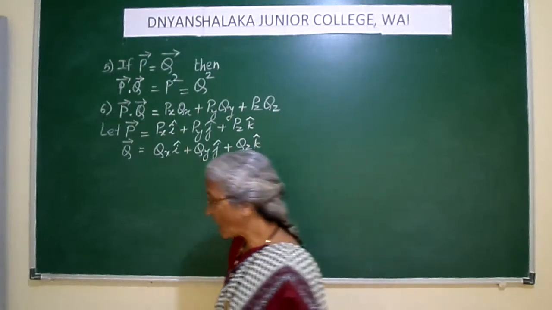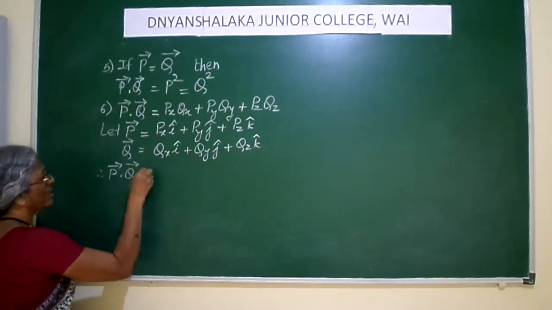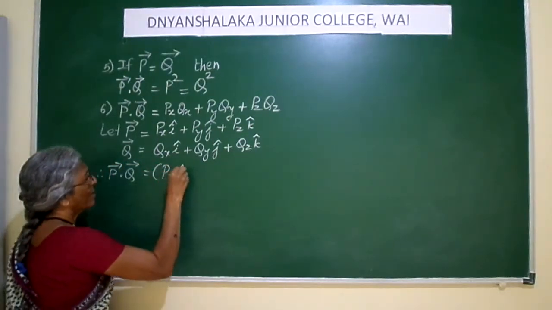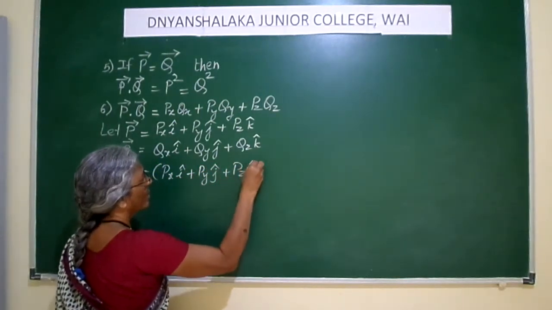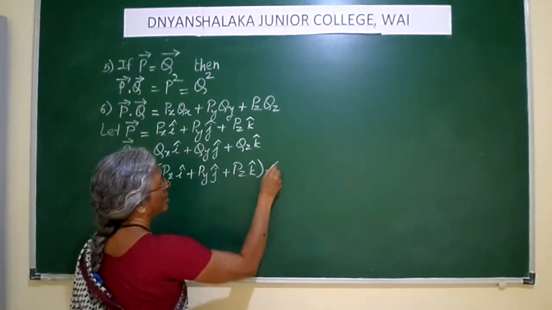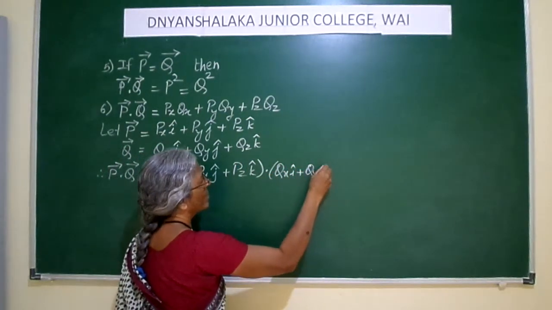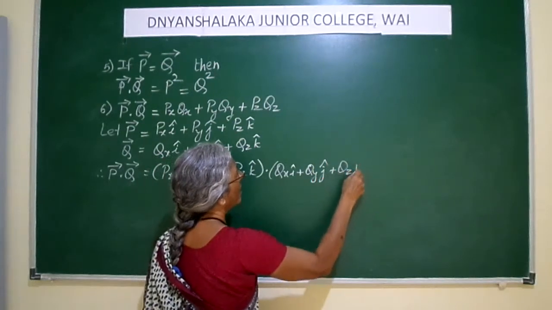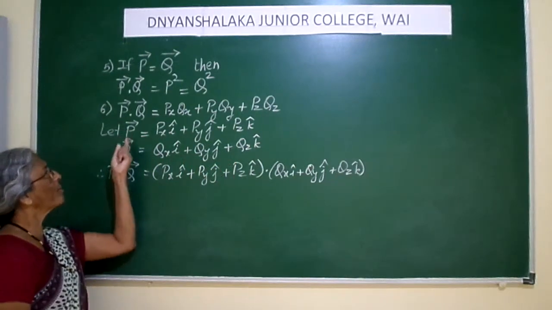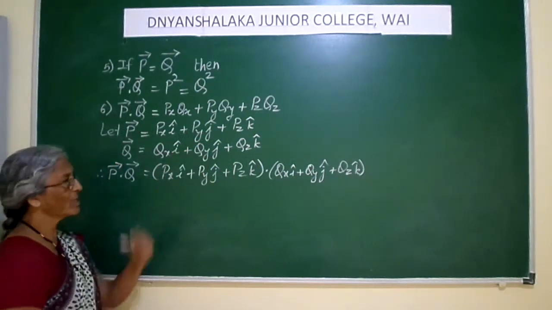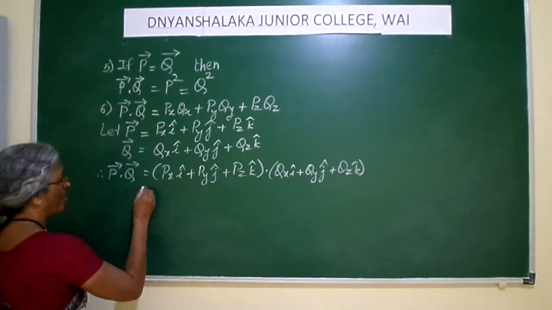Now, let me get the product. Therefore, vector p dot vector q is equal to (pxi plus pyj plus pzk) dot (qxi plus qyj plus qzk). Right students? Getting it? It is multiplication. Vector p dot vector q will be this into this. Now you have done multiplications using brackets, so let us perform this multiplication.